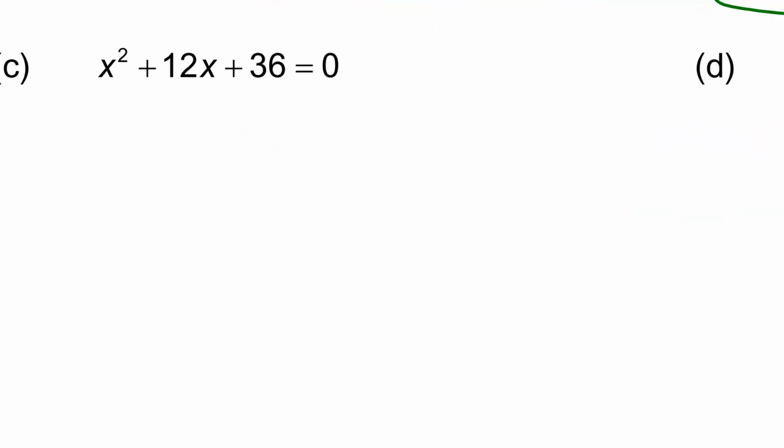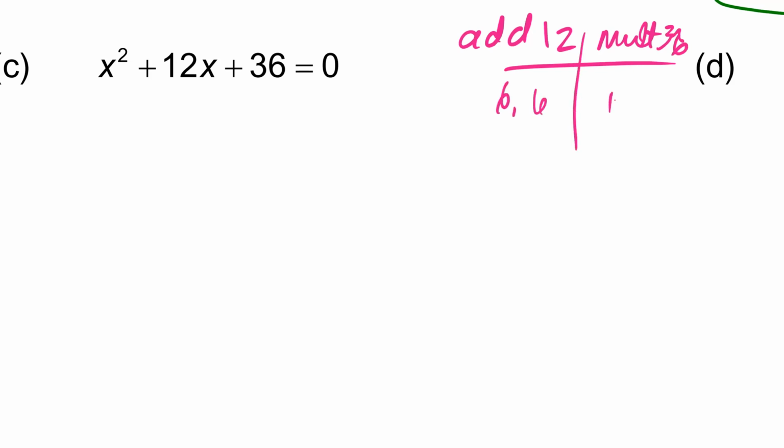If I try to factor it, what adds to 12 and multiplies to 36? 8 and 4 add to 12 and multiply to 36. Wait, you're saying 6 and 6? 6 and 6 add to 12 and multiply to 36.